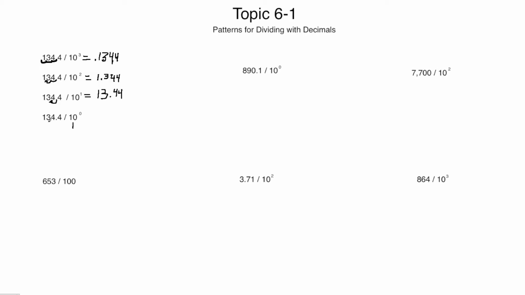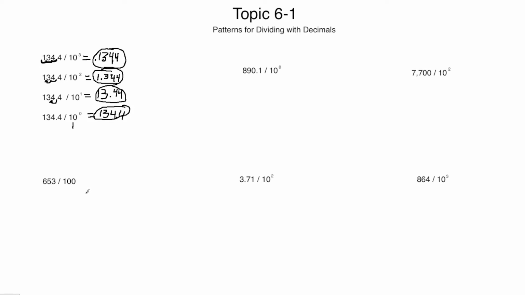So you're taking your dividend and dividing it by 1, which will be the same answer, 134 and 4/10. Circle your answers. And 0 butt cheeks. You could look at it that way, no butt cheeks.